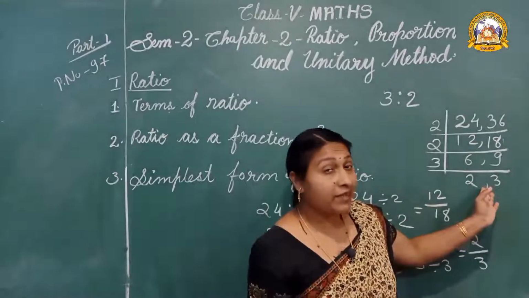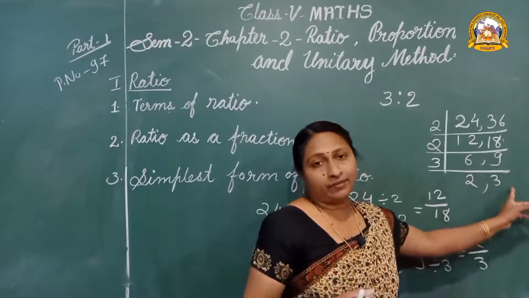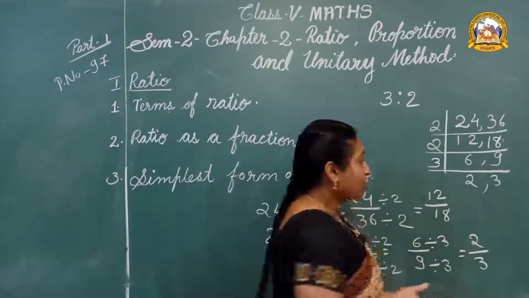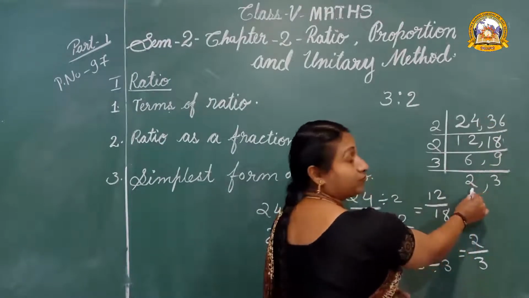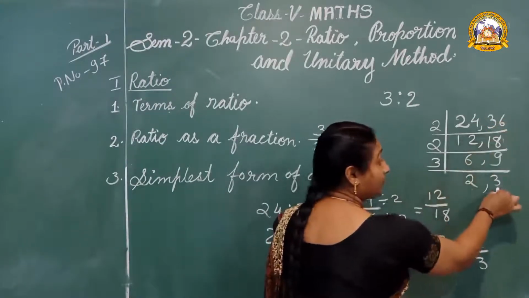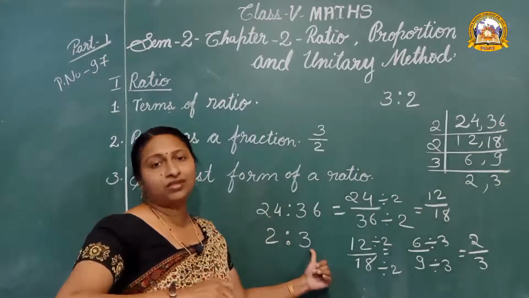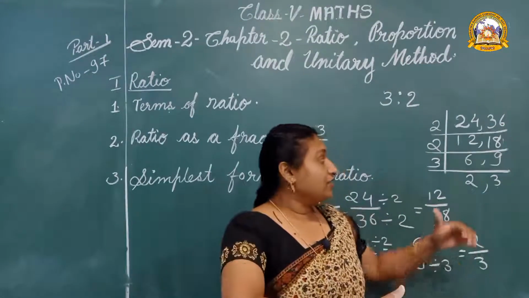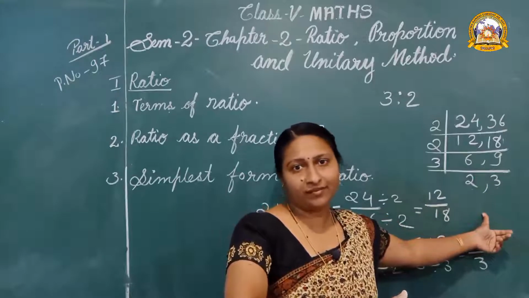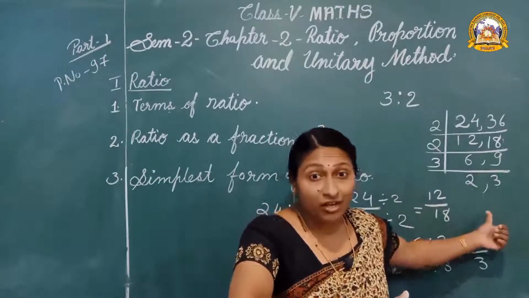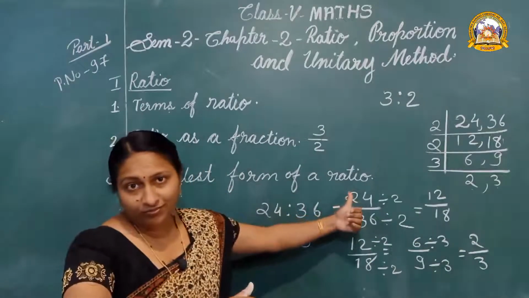Can we divide them by any common factor? No. Already they are prime numbers. We can't divide them. So, children, 24 has become 2 and 36 has become 3. Here you can see our ratio 2 is to 3. Children, you can also use this method to find the lowest term or simplest form of the ratio.